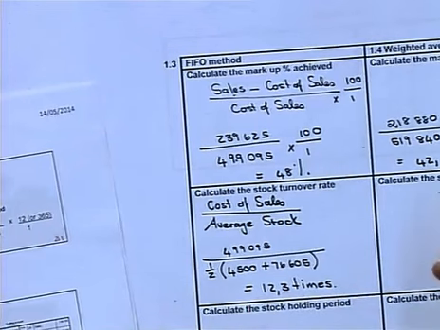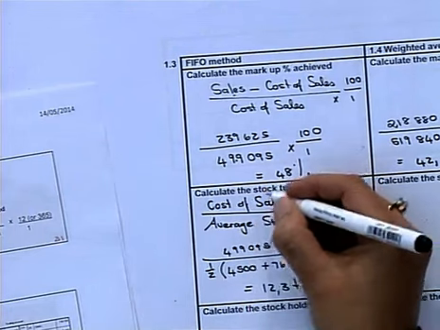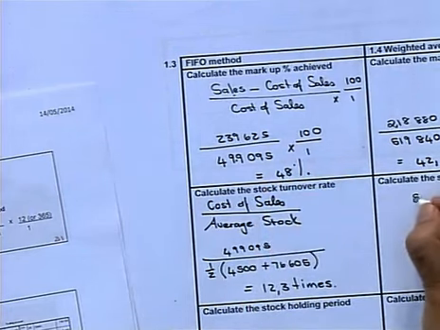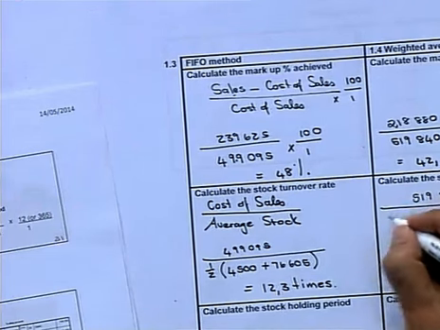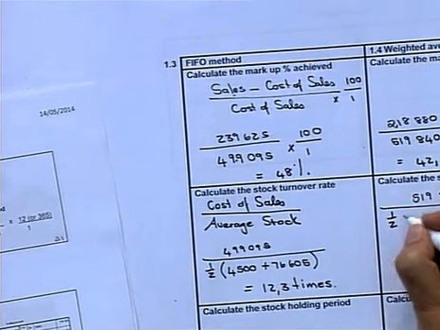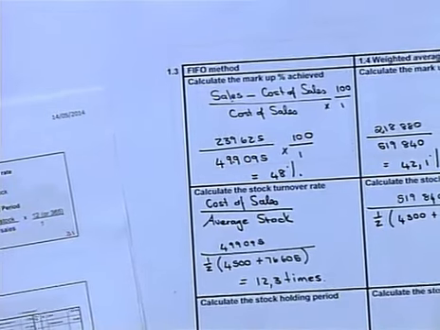Using the figures of the weighted average, we're going to go again, cost of sales divided by average stock. I'm not writing the formula. You never get a mark for your formula, but it's always good to just clarify it for yourself. Remember, I'm going half of because I want to get an average. So I'm taking two values and adding them together, plus 55,860. Remember, we worked that out in the earlier question.